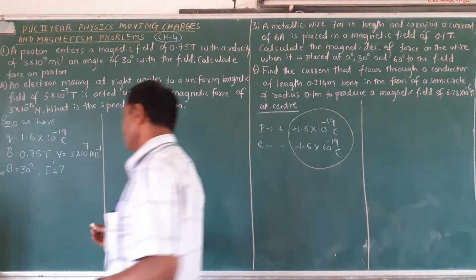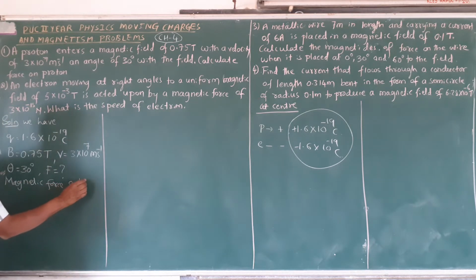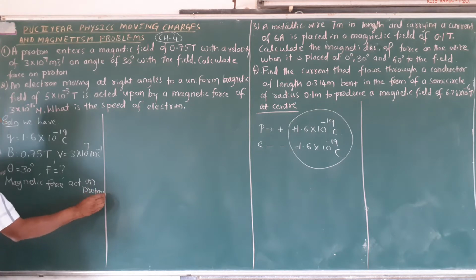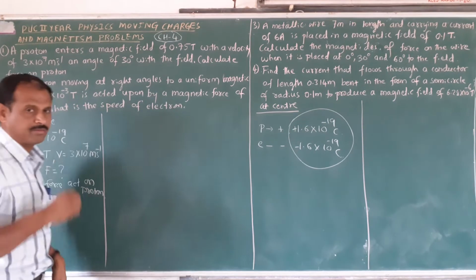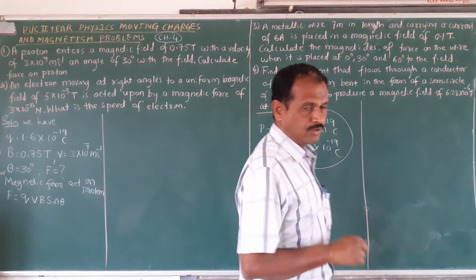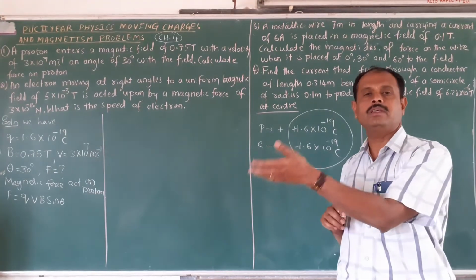The magnetic force acting on the proton is F equals QVB sin theta. It's a very simple formula, and you have to use it.